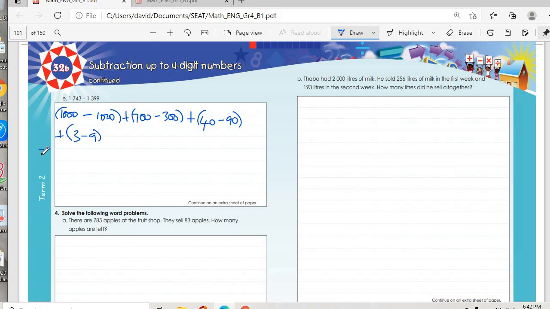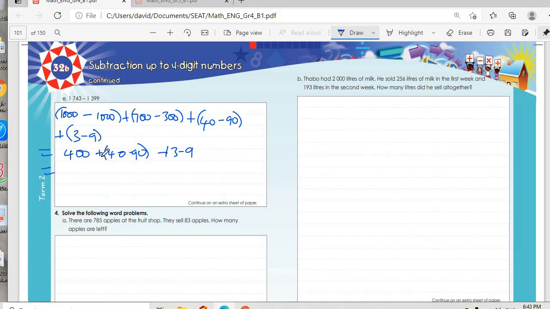That's what we have there. So 1000 and 1000 is 0. Then we have 700 minus 300 is 400. Okay, plus what? 40 minus 90, then plus 3 minus 9. That's what we have there.